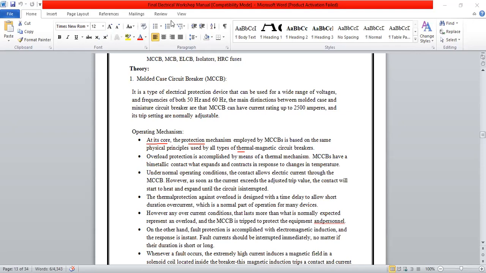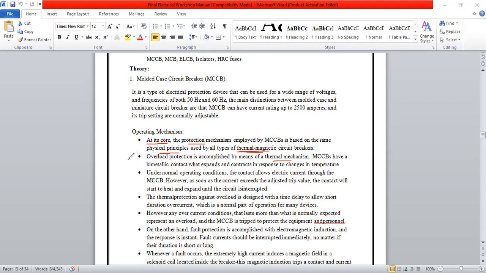So the thermal magnetic circuit breaker, its principle depends upon thermal, or temperature. Okay, so it is based on the same physical principle used by all types of thermal magnetic circuit breaker.